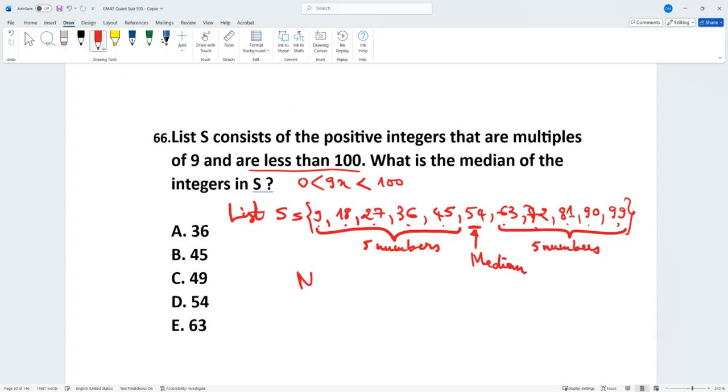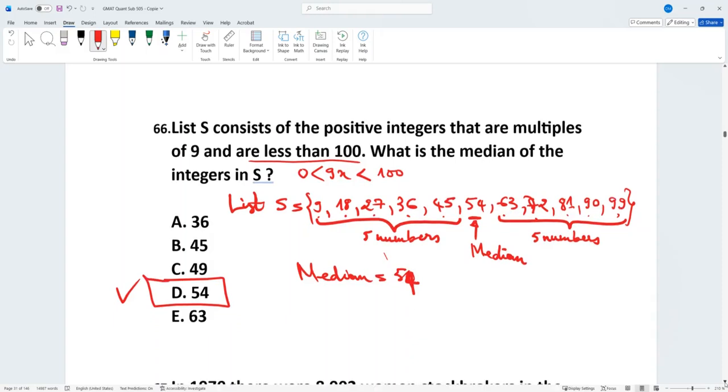So we can simply say that median is equal to 54. Like this. Simple question. So that's how you found the answer to the question. Answer D, 54.